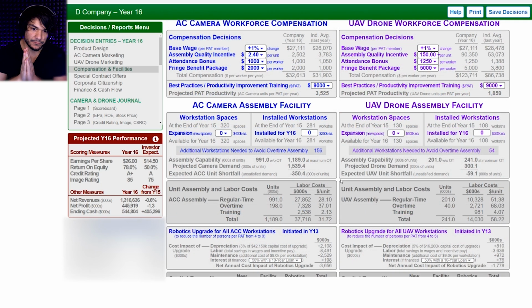All right, so we come down to workstation spaces and installed workstations. And there's a few things you need to pay attention to. First is our shortfall, okay? So our capability without overtime is this. Our projected demand is this.